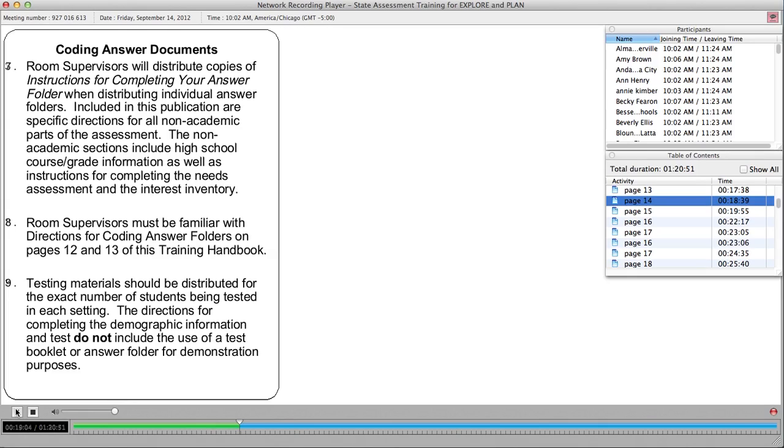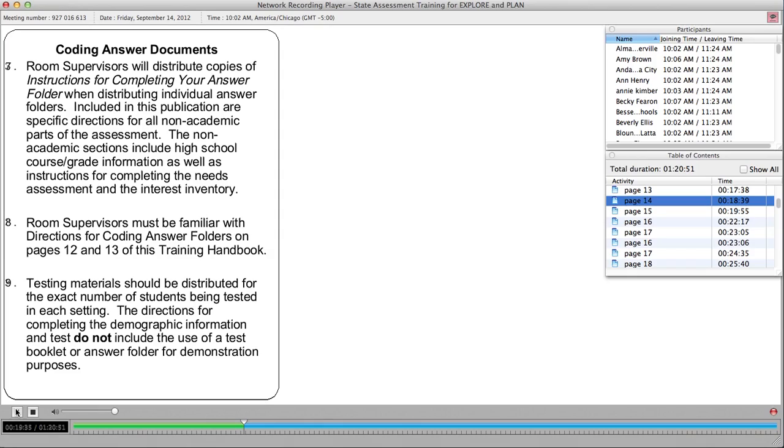The non-academic sections include high school course grade information, as well as instructions for completing the needs assessment and the interest inventory. The non-academic sections of Plan are different than those of Explore. They're more detailed, and so the answer folder is a 4-page document rather than the 3-page document for Explore.